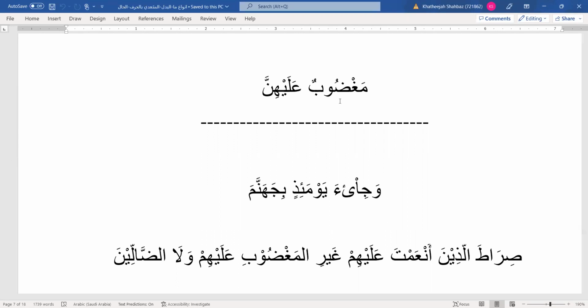So another example from the Quran is Waji'a yawmaidhin bi jahannam. The active voice will be ja'a, meaning he came. Ja'a means he came.